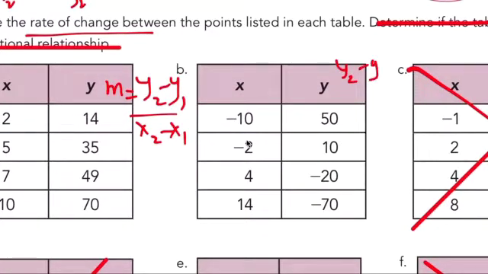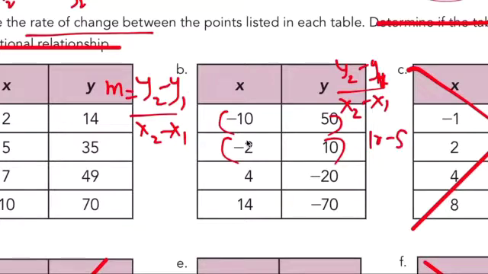Remember, slope is y sub 2 minus y sub 1 over x sub 2 minus x sub 1. I'll use the first two, since most of you probably will do that.